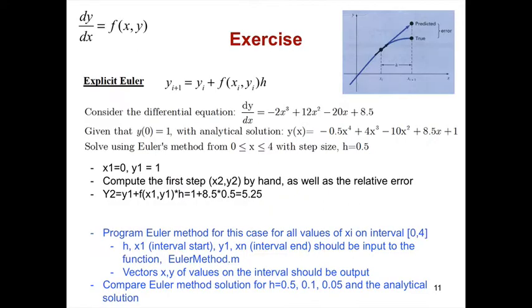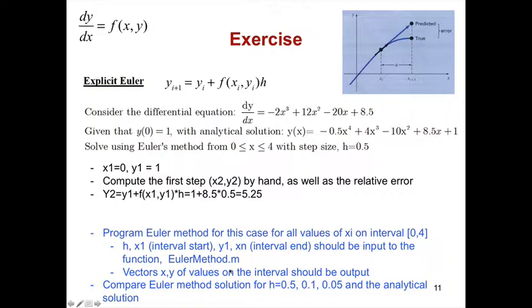I want you to plot the analytical solution and find the solution using Euler's method on this interval 0 to 4. Essentially, the start of the interval, which is here 0, I'm going to call x1, y1, which is your initial value, 1 in this case, and the interval end, which in this case is 4. Those should be inputs to the function.